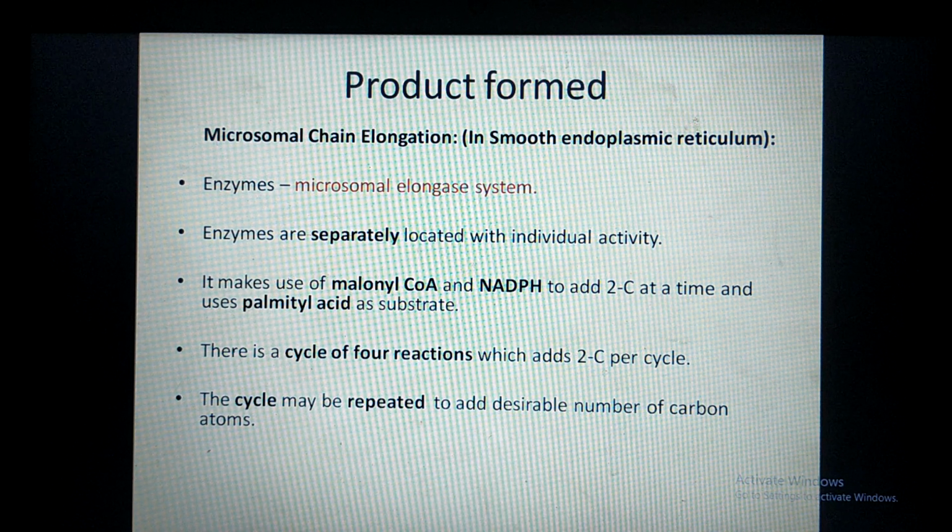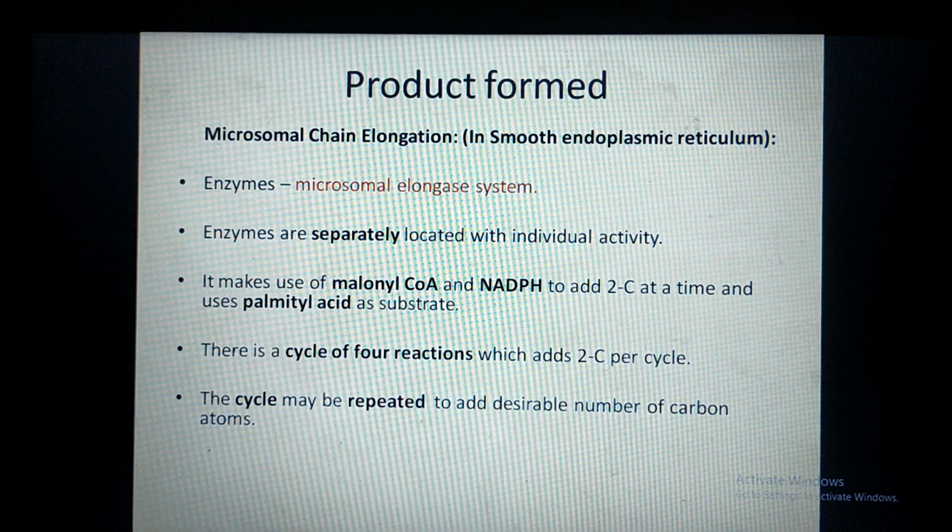First we will see the microsomal chain elongation system, which is present in smooth endoplasmic reticulum. The enzymes of this elongation system are free. That means they are not present in complex form.